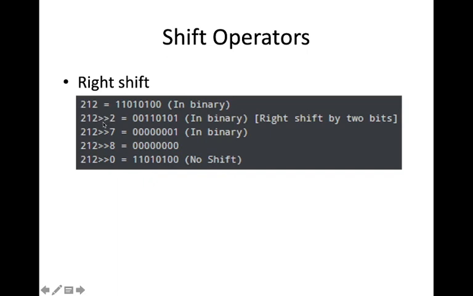If we include double greater than symbols, so if we say 212 >> 2, this means we have to right shift 2 bits. That means if this is the number, we have to start from here and right shift 2 bits each.